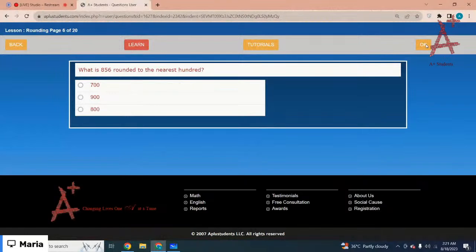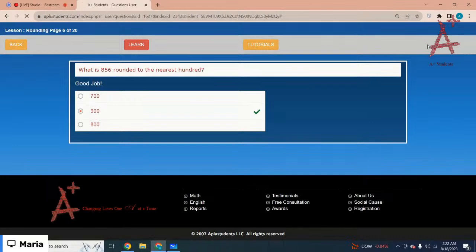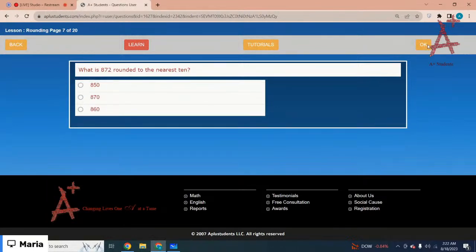What is 856 rounded to the nearest 100? 856 is rounded to, it would be rounded to 900. Very good. The correct option is 900.